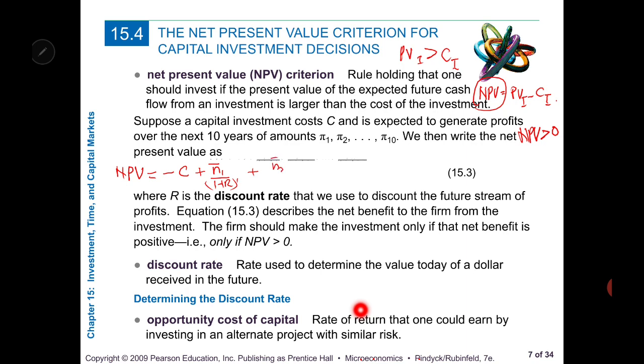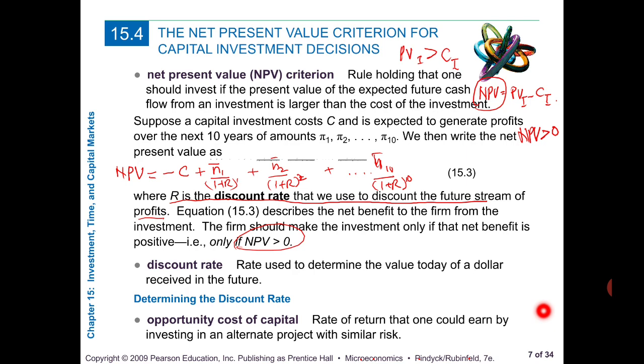Profit in year 2 divided by 1 plus R to the power of 2, and so on until year 10, if it's 10 years. Again, we find out which discount rate we are supposed to use. But you invest only when NPV is greater than 0.